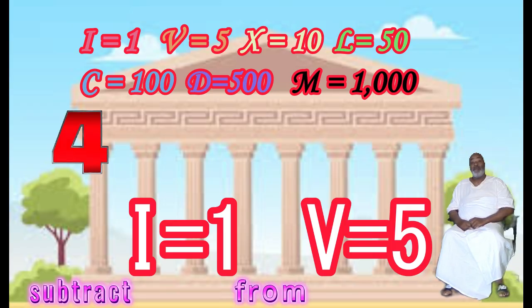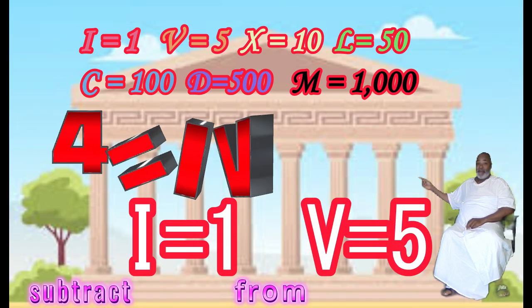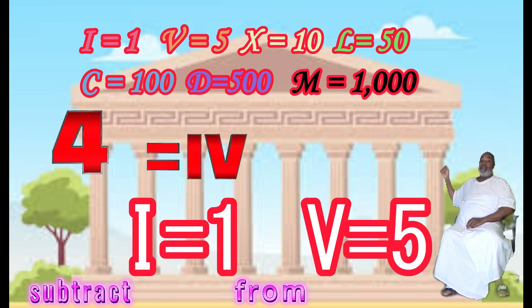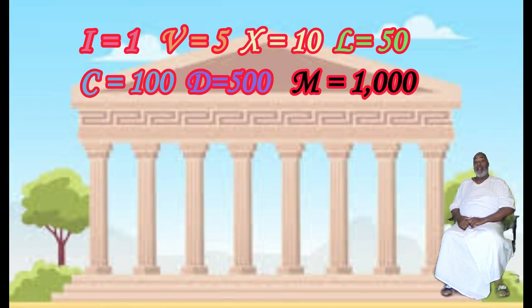And when we subtract 1 from 5, what do we get? We get 4. So in Roman numerals for 4, we write the capital I and a capital V right next to it, which means subtract 1 from 5. And that's how we write the number 4.